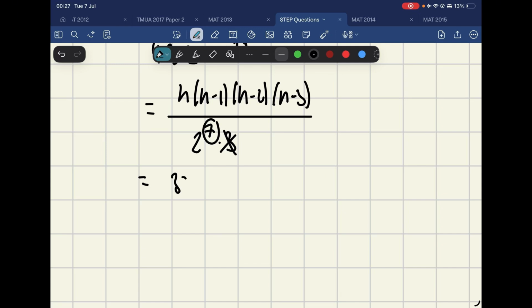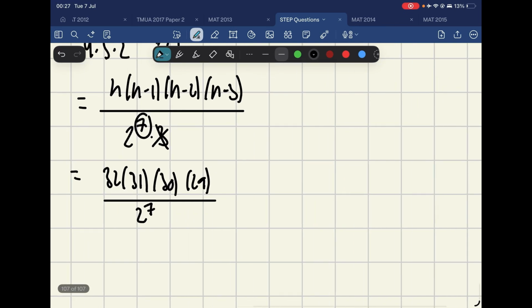So 2 to the 5 is 32, then 31, 30, 29, over 2 to the 7. We can just ignore the 3 term for now because it does not matter. This is equal to 2 to the 5 multiplied by 2. Ooh, okay.